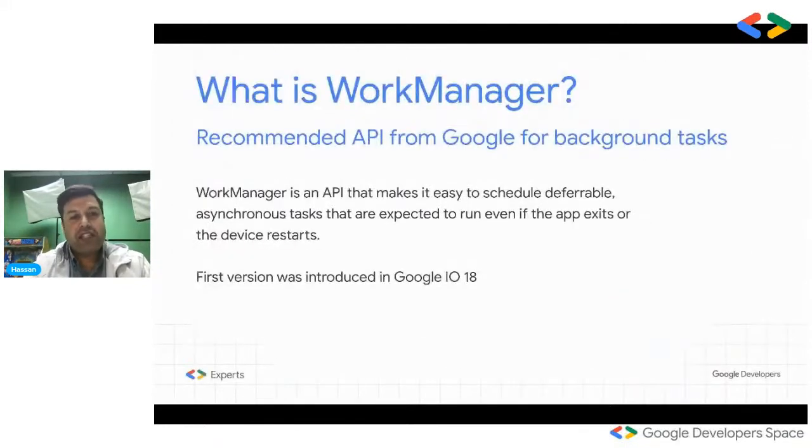So what is WorkManager? WorkManager is essentially an API that makes it easy to schedule deferrable and asynchronous tasks. The key difference is that those tasks are expected to run for a long time, and they are not very important for your UI. For example, if you are fetching something from the network and you want to show it in the UI, WorkManager is not suitable for something which should be done immediately.